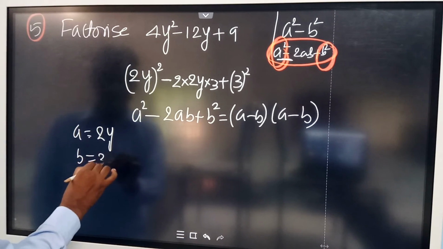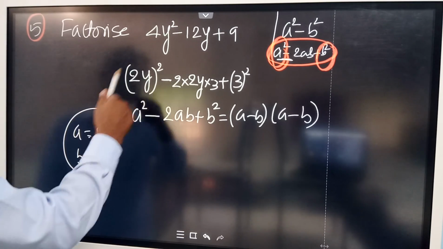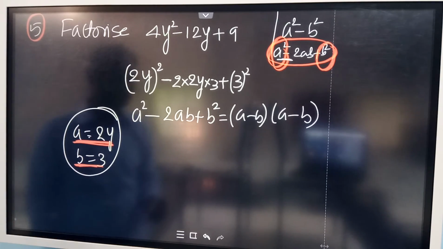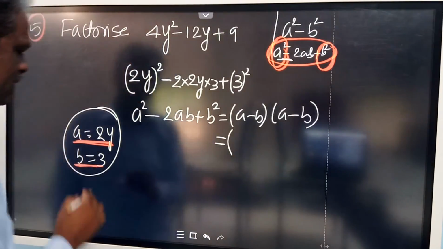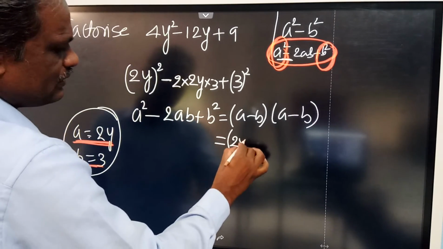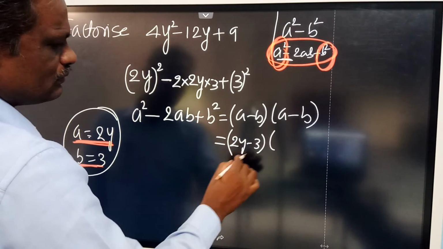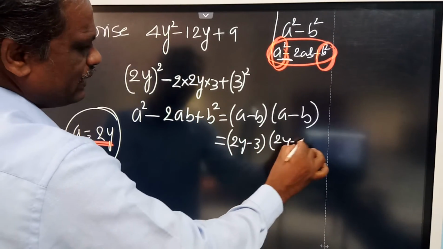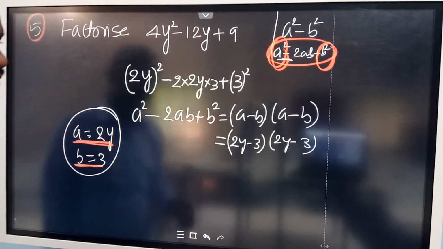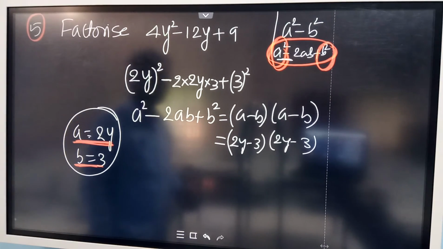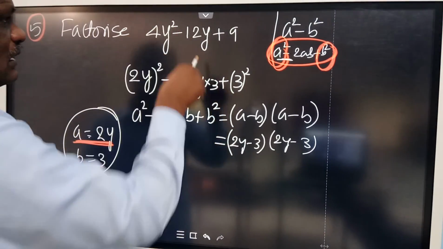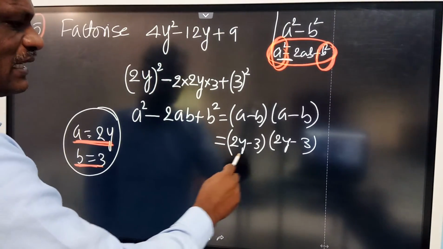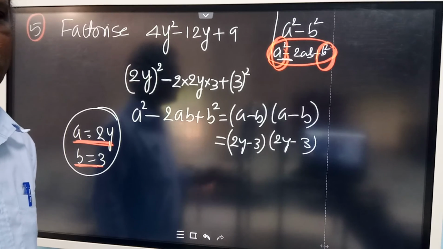Substituting, a minus b is 2y minus 3, and again a minus b is 2y minus 3. So this is the factorization of the given expression: 4y square minus 12y plus 9 can be written as (2y minus 3) into (2y minus 3).